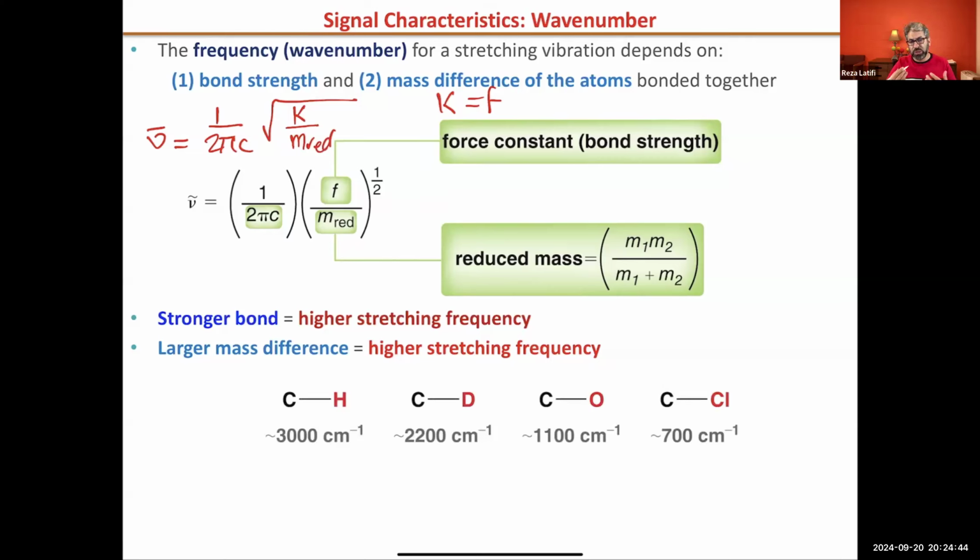And if we replace hydrogen with deuterium, which is heavier than hydrogen, this one goes down. And now replace hydrogen by oxygen. Clearly, oxygen is heavier than hydrogen and it went down. And if you put chlorine instead of hydrogen on the carbon, the drop is dramatic.